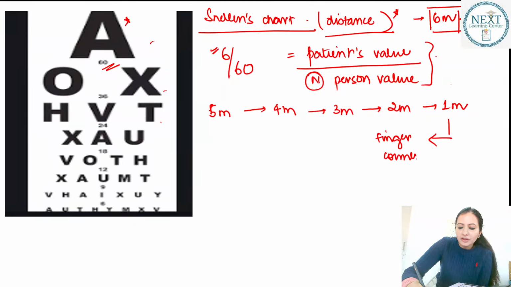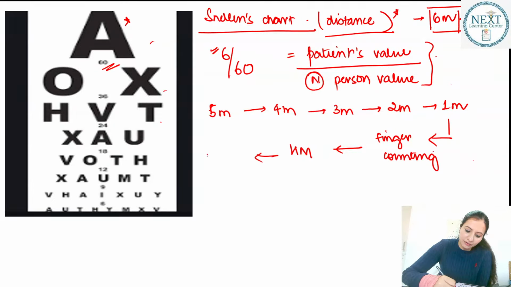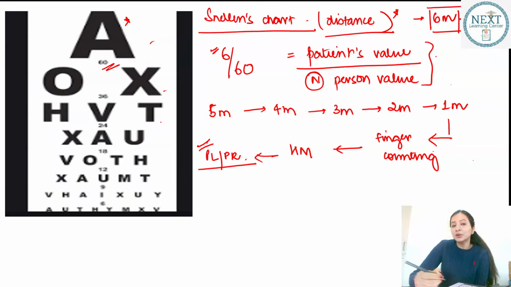If still not able, then we ask whether the patient is able to see hand movement or not, and after that we will look for perception of light and projection of rays. And if the patient is not even able to tell this, then we say that the patient is blind.